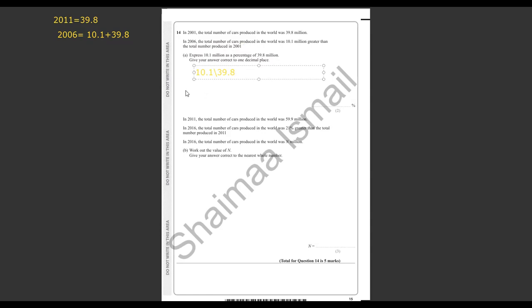By the end, we have to multiply this by 100 on your calculator. So it gives us 25.3 and so on. And he asks you to approximate it to 1 dp. So by the end, it's 25.4. Okay. 25.4 approximated to 1 dp.